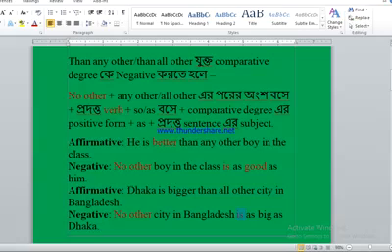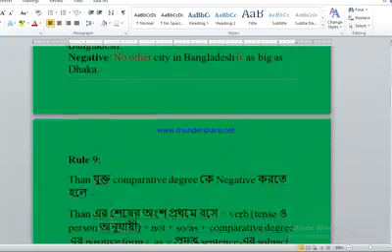Then you will use "as" or "so", then the positive form of the comparative degree. Big is the positive form of bigger, "as Dhaka". Then at the last you will use the subject of the affirmative sentence. That means you will use the subject of the comparative degree in the negative sentence. Okay, I hope you are clear.